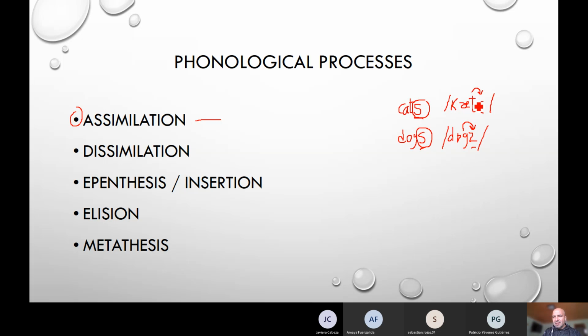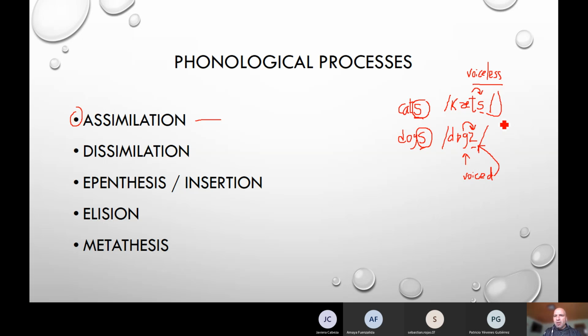T is, if you remember, in terms of voicing, voiceless. And g, if you remember, it is voiced. So t is voiceless, just like s is voiceless as well. G is voiced, just like z is voiced.